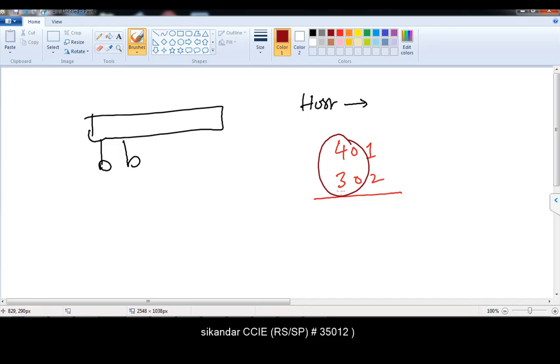The answer is simple: they are not on the same floor, they are different floors, because the first number represents 4, which is the 4th floor, and the second represents 3, which is the 3rd floor. The 4th floor and 3rd floor cannot be the same, right? They are different floors and different networks.